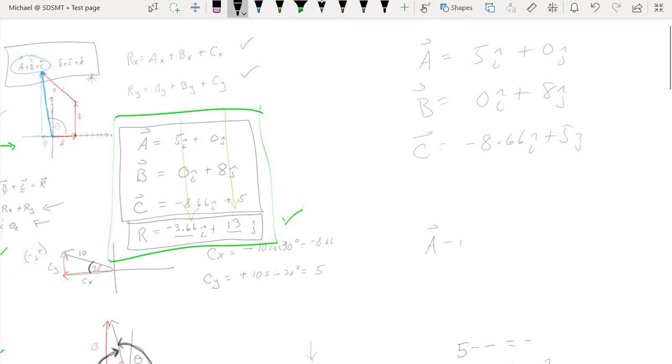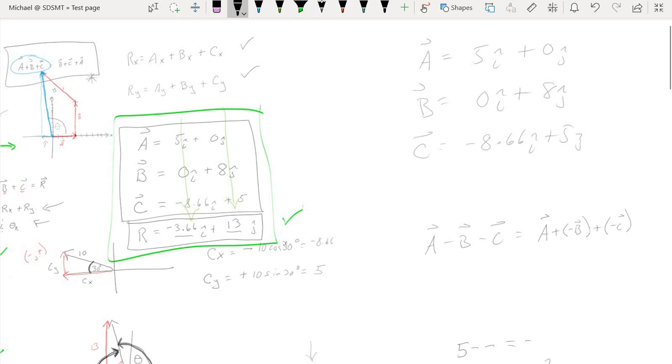So I want a minus b minus c. So very quickly, we do not do vector subtraction in our class. We add negative vectors because it is no different. We want to take vector a, we want to add it to the vector -b, and then we want to add that to the vector -c.